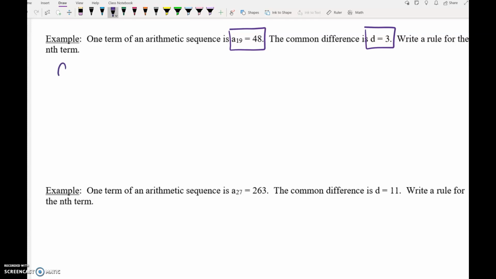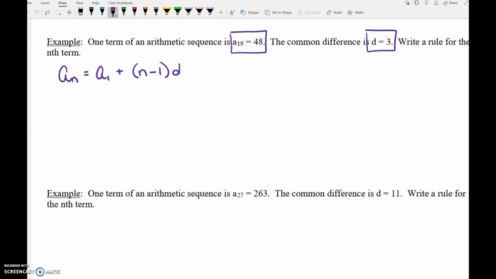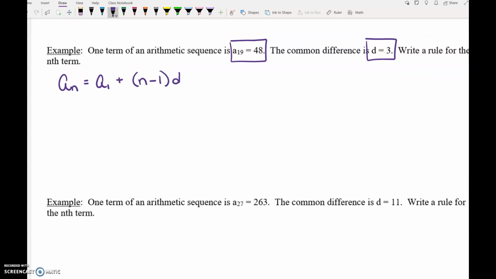So I'm going to write the formula down, and then we're going to put in what we know. All right, and I'm going to point in here to what I'm going to use. So a sub n, I am going to use 48 in place of a sub n. So my 48 goes right here.